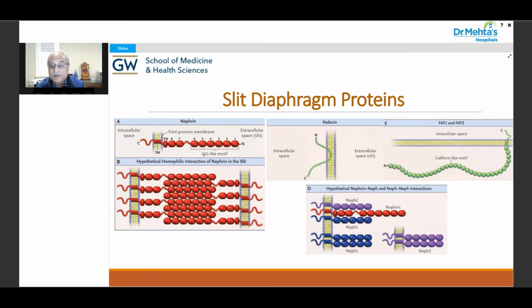But there are some proteins which are not associated directly in the extracellular elements, such as podocin, which is completely intracellular, or the mostly extracellular FAT1 and FAT2 molecules. So this is how we think the slit diaphragm is, in its current thinking.